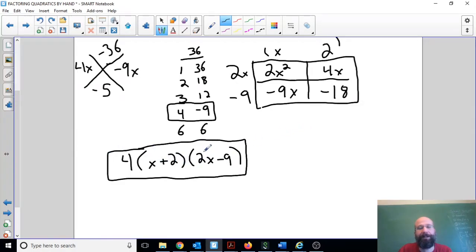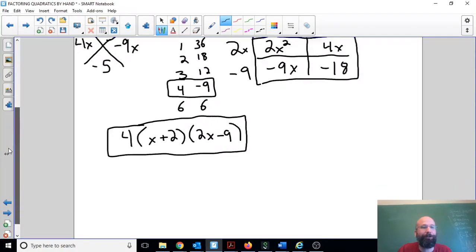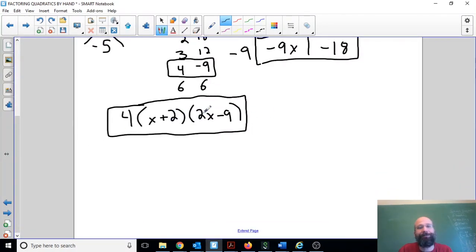All this is multiply, and we're going to multiply these two inside numbers first. It doesn't matter, right? I can multiply the 4 to this first, but the associative property of multiplication says that I can multiply this first or this first. It doesn't matter because it's multiplication. But for our purposes, I'm going to do these middle terms first.